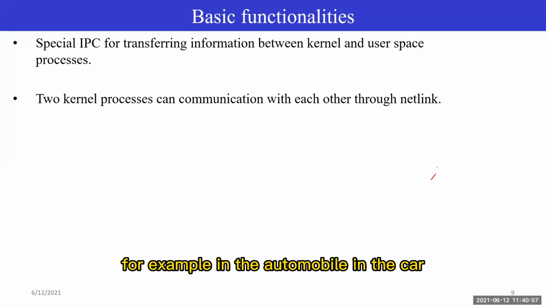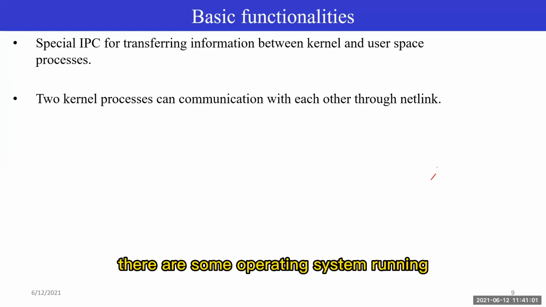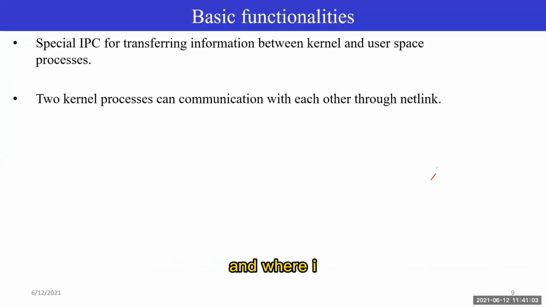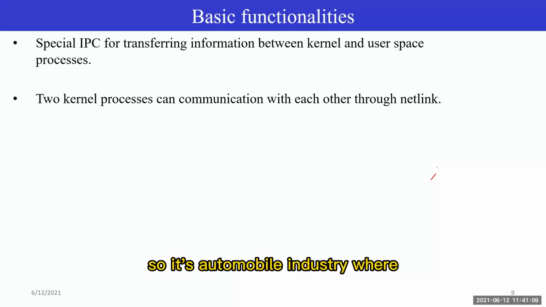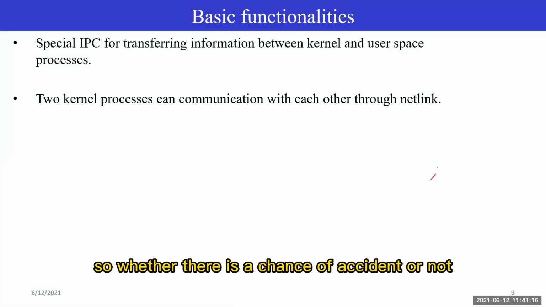For example, in an automobile, in the car, there is some operating system running where you are scanning an image. In the automobile industry, you are checking whether there is any object in the next 100 meters, whether there is a chance of an accident or not.